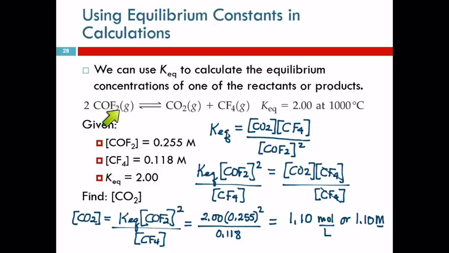Has nothing to do with this 2. Oh, so the 2 outside the bracket is the coefficient. This 2 is from here. Yep. These have understood 1s, and these guys have understood 1s as exponents. You only write an exponent there if the coefficient is something other than 1. Any other questions?